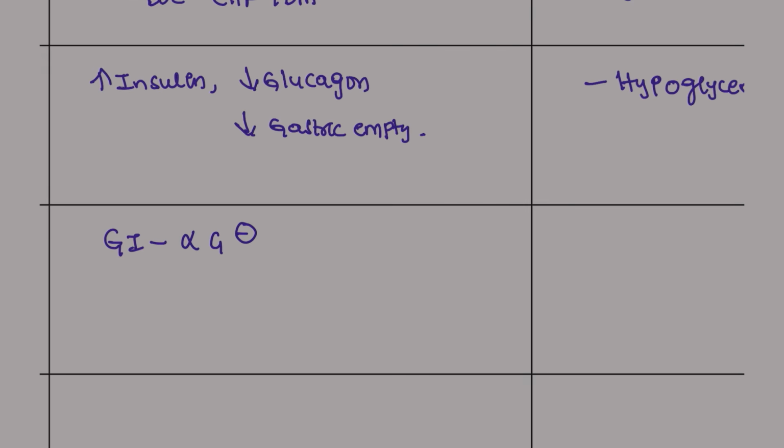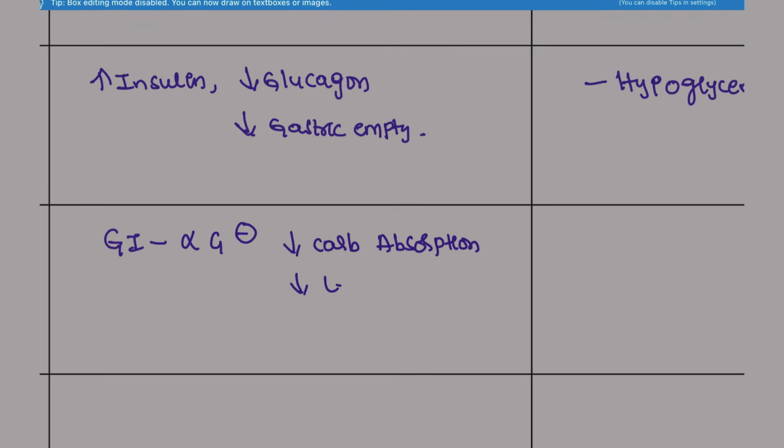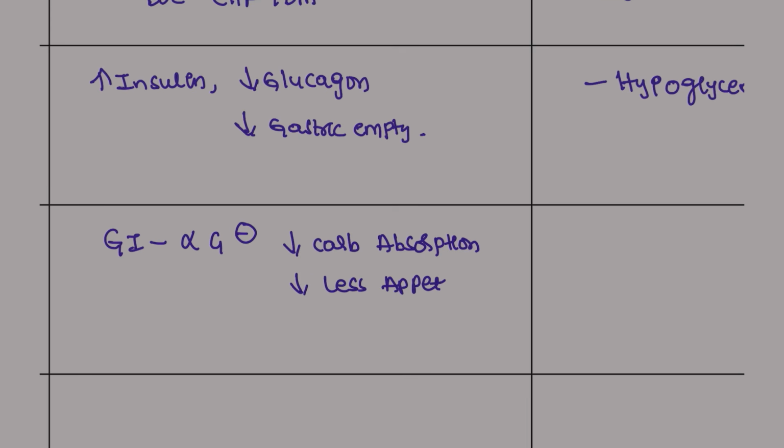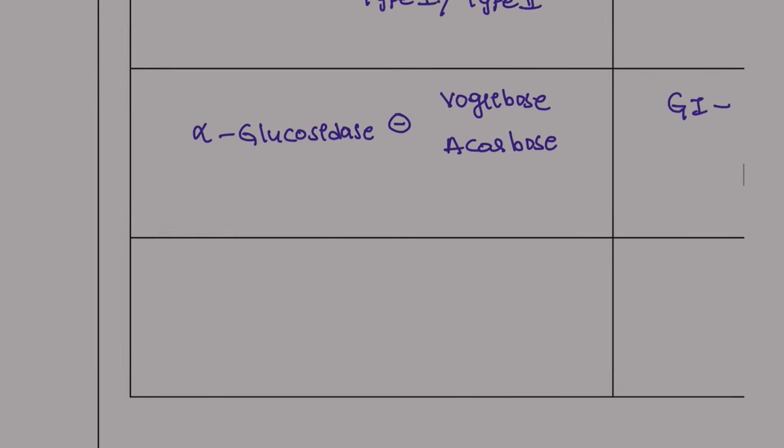Obviously, in these patients carbohydrate absorption is decreased, and the carbohydrates just come in and are excreted from the body, so the patients will have less appetite and more calorie restriction will be seen. Since it is acting on the GI, patients will have diarrhea and flatulence. For cirrhosis patients this is a contraindication. These are some of the examples that you can remember.